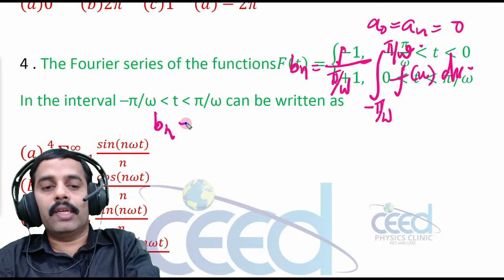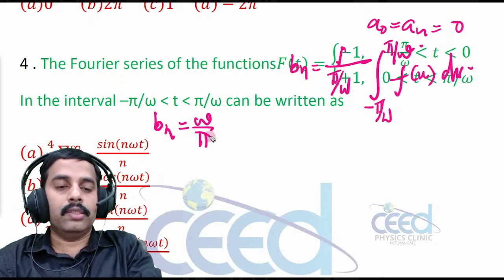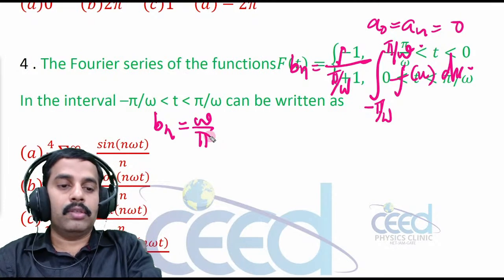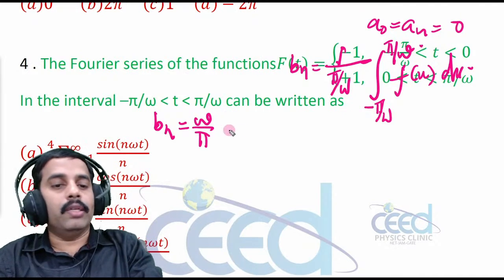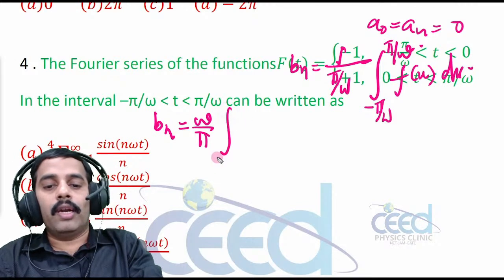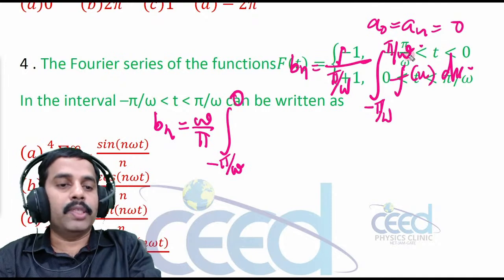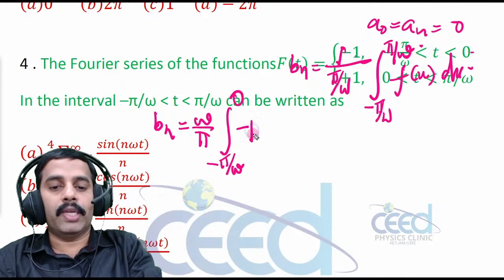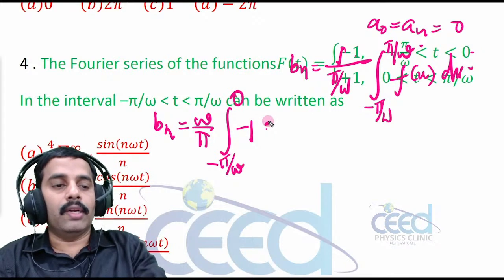So bn is equal to omega by pi into integral minus pi by omega to 0. So we can split into two intervals. There the function is minus 1 dx. So it is bn, right?